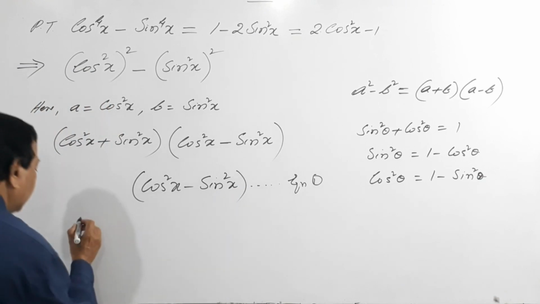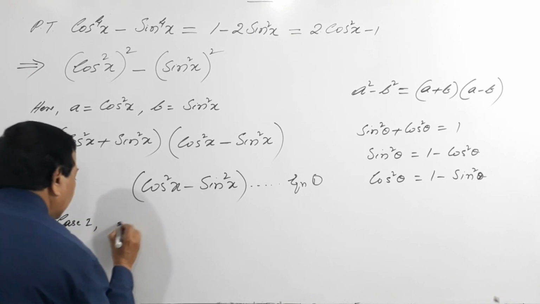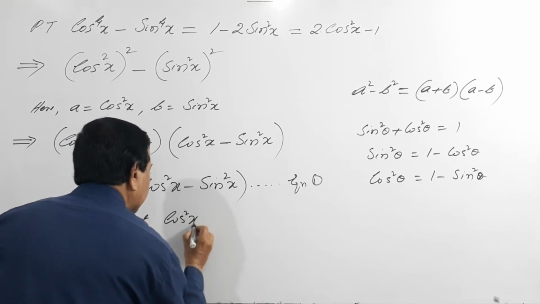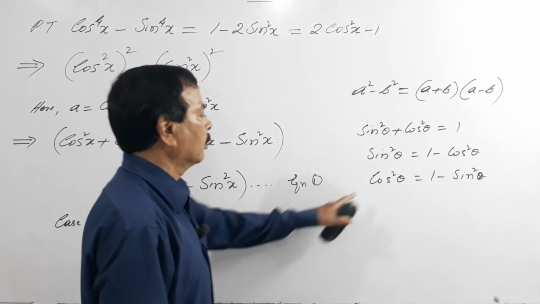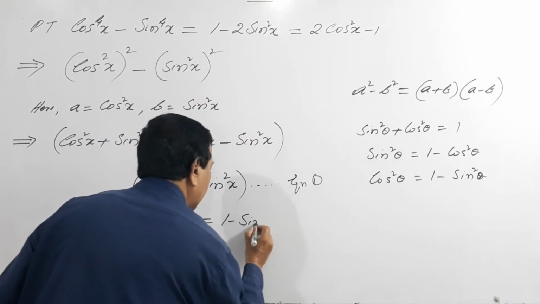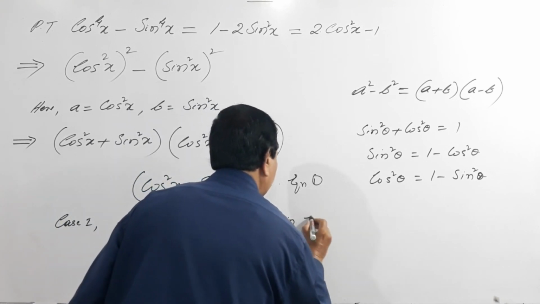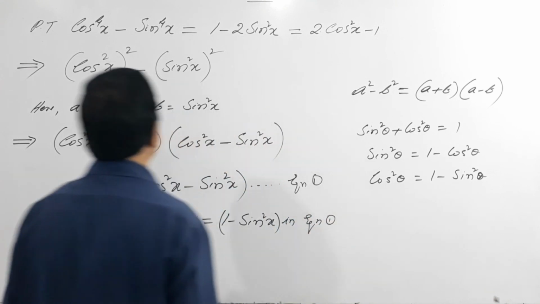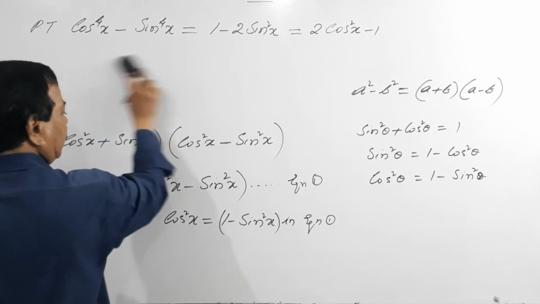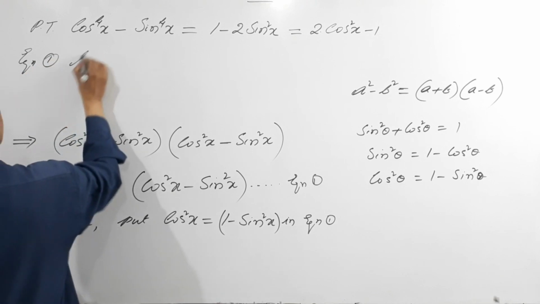So what I'll do, first case, put cos square x equals to 1 minus sin square x in इक्वेशन 1. तो क्या होगा, इसको रख कर देंगे. सो इक्वेशन 1 becomes what?